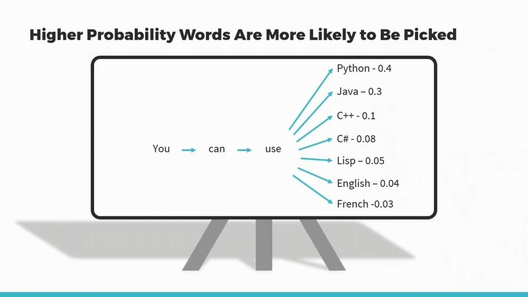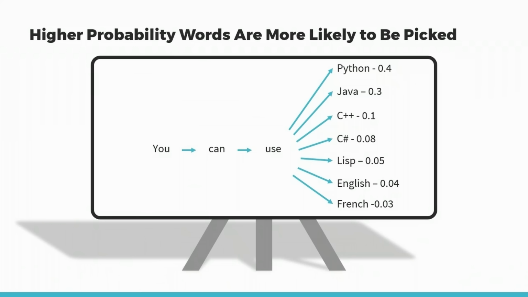For example, there is a 40% chance that the next word picked will be Python, 30% that it will be Java, and a 5% chance that the next word picked will be Lisp. So higher probability words are more likely to be picked, and how exactly the model chooses which word should be picked at the next step in the generation of a response, well, that is something that you can control using several parameters.